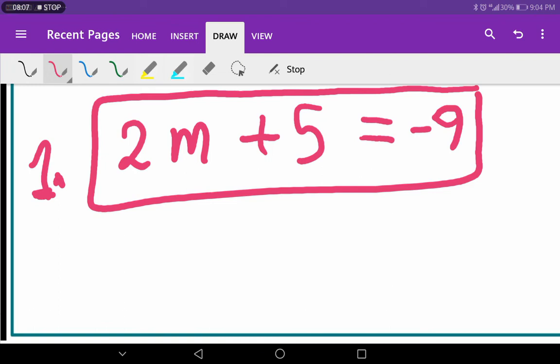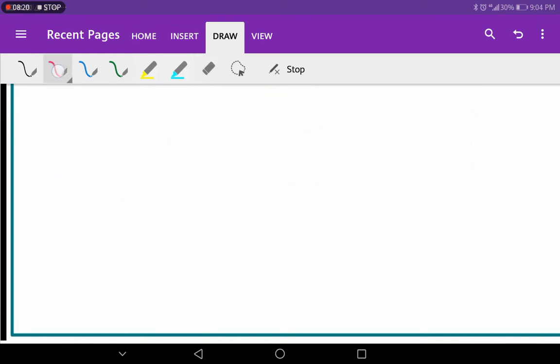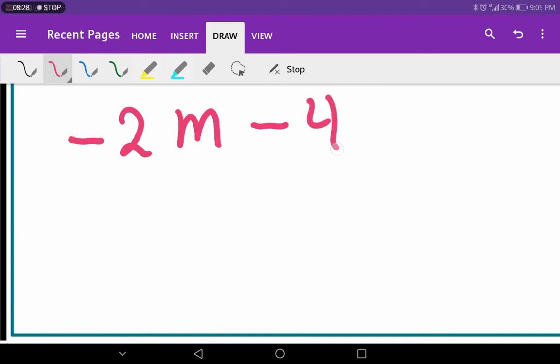Okay, my dear student? Now let us take another example. If I have one like this, negative 2m plus 4 equal negative 8.